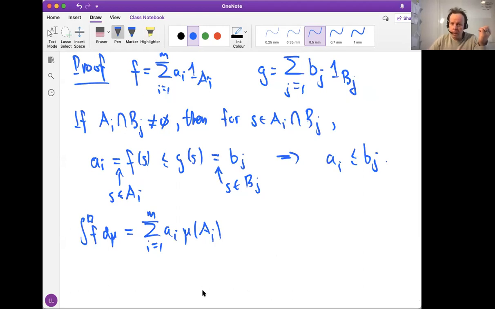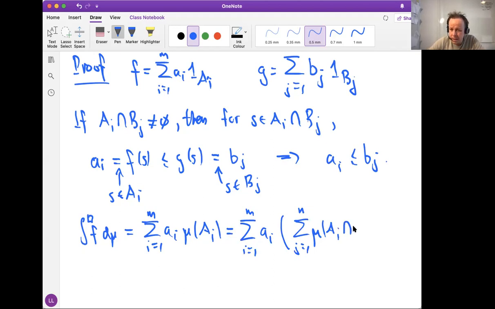Then we use the same idea with these disjoint events with the union. So we actually write this as the sum from 1 to m of AI, and then we write this one as the sum of j from 1 to n of mu of AI intersection bj.